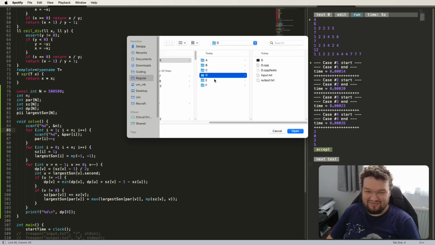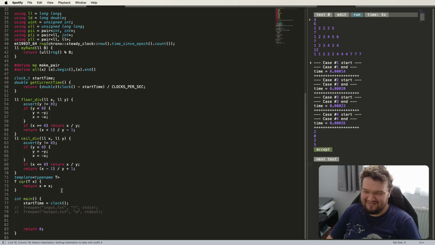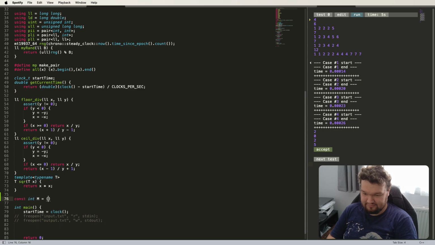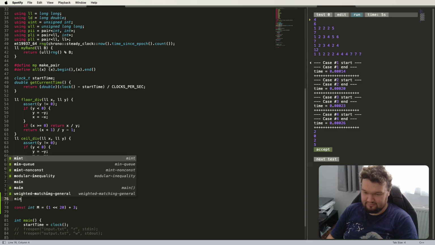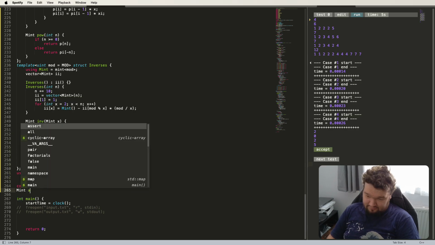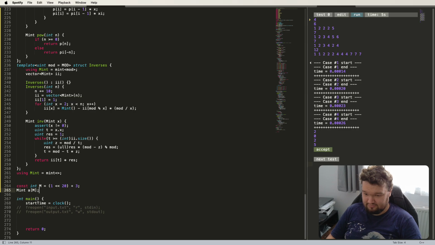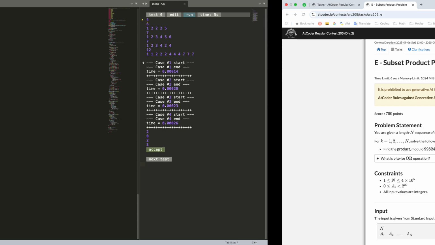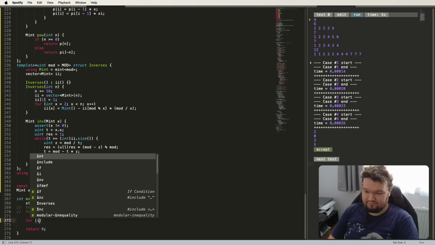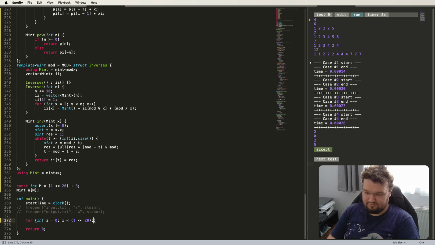That is a very weird problem for a coder. Products of empty sets are 1.